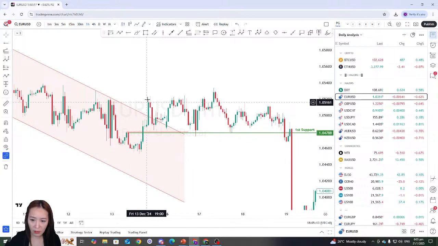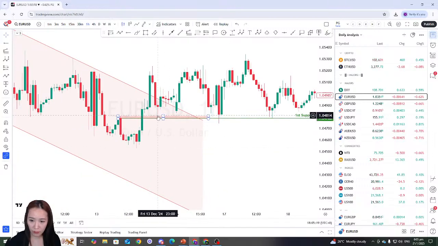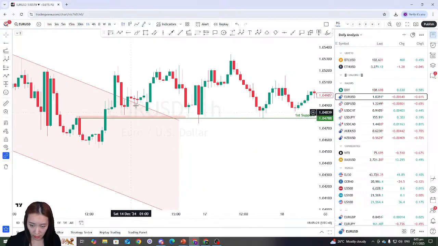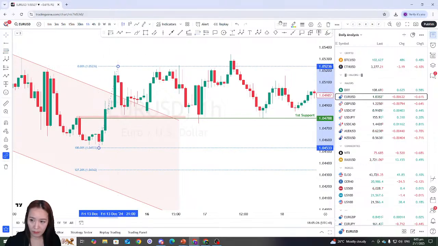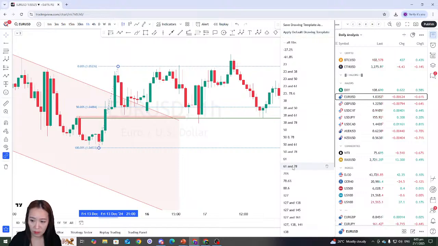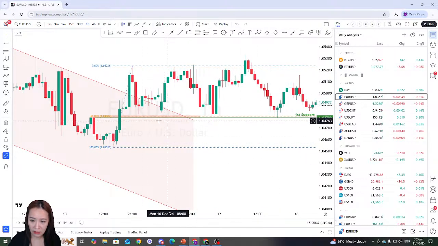Price breaks above, closes above, and pulls back. If you put a pending order, I will miss by a few pips because you can see it's not triggered. You could combine with your fib, maybe 50%. Sorry, 61.8, slightly over here.